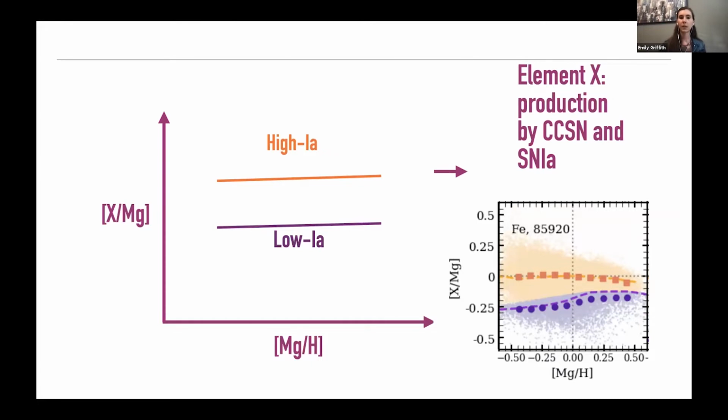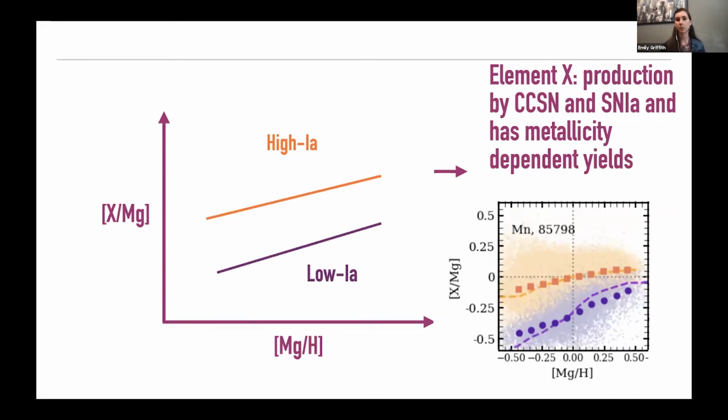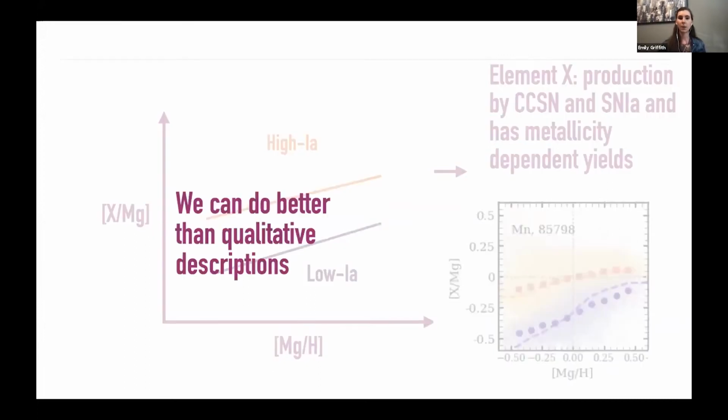And then finally, we can have some inclination in these sequences, which tells us if the core collapse or type 1a contribution to that element has metallicity dependence. And so manganese is a great example of this. It has strong metallicity dependence, and that's seen through the steep slope in the high 1a and the low 1a trends. But we can do better than just qualitative descriptions of the sequence separation and inclination.